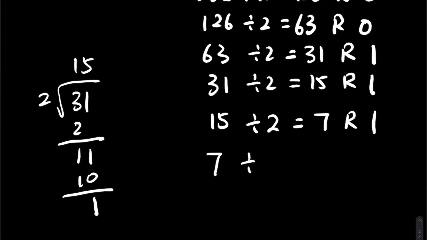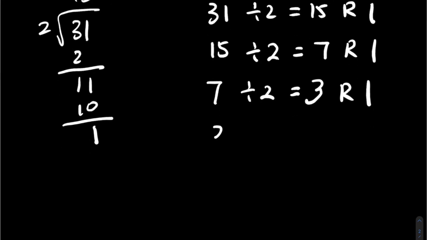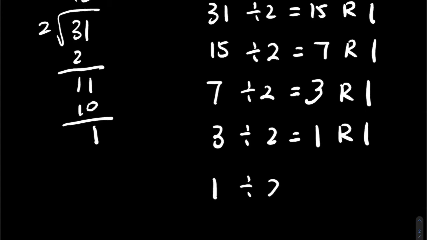And 7 divided by 2, we got a 3 and remainder 1. And 3 divided by 2, we got 1, remainder 1, and 1 divided by 2, we got a 0, and remainder 1, right?